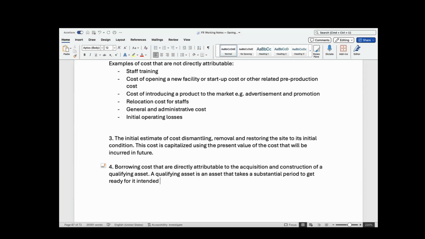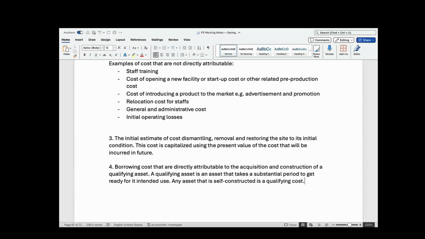The standard did not mention the definition of substantial period, but we know that any asset that you construct yourself is a qualifying asset. So any asset that is self-constructed is a qualifying asset in this context.